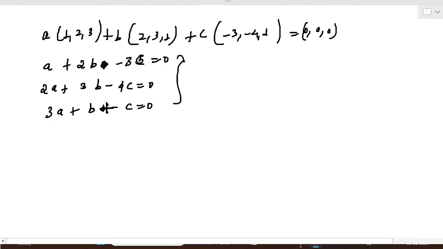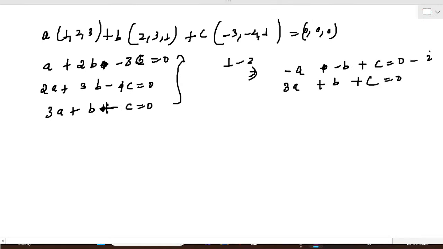I think I can subtract, then probably I'll get something from here. If I subtract 1 minus 2, I will simply get a minus b plus c equal to 0. This is another one, and this is 3a plus b plus c equal to 0.